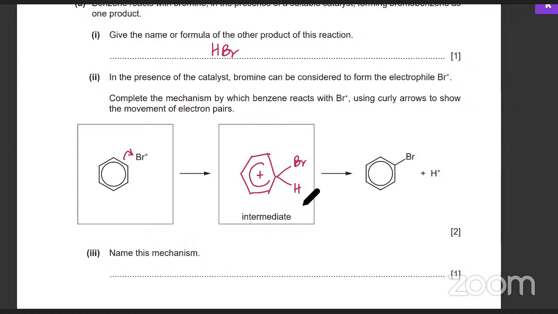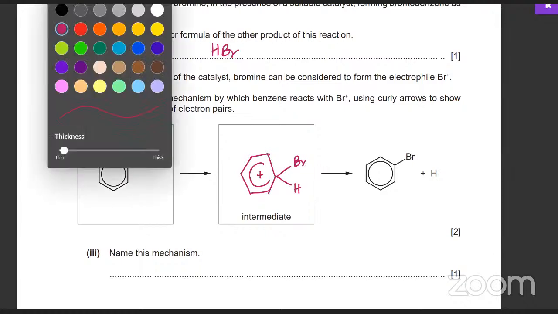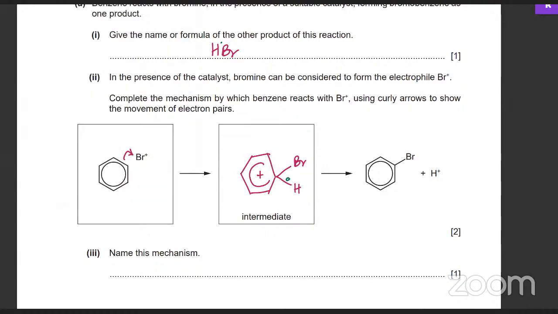The benzene electron cloud becomes partial because the Br took electrons away from it. In the next step, the H gives its electrons back to benzene. Name the mechanism. That's electrophilic substitution.